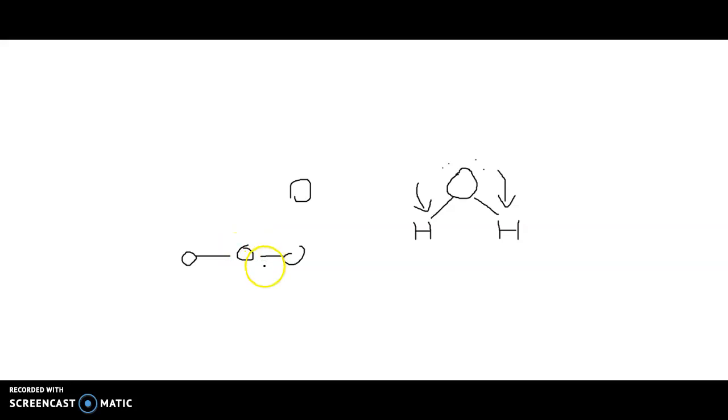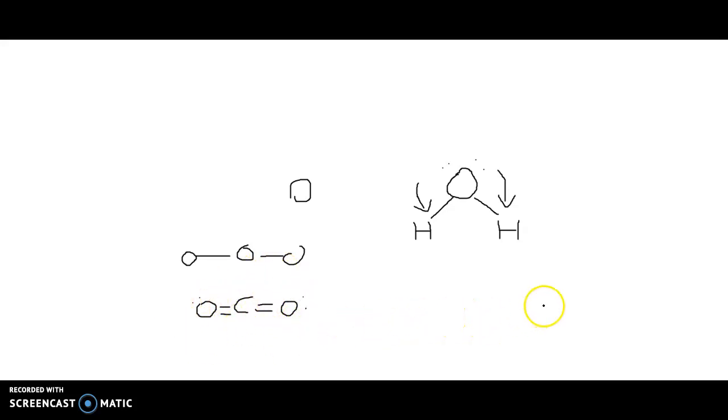And that makes sense, right? Think of CO2, carbon and oxygen. Oxygen is going to form two double bonds, so it's going to have this linear shape.